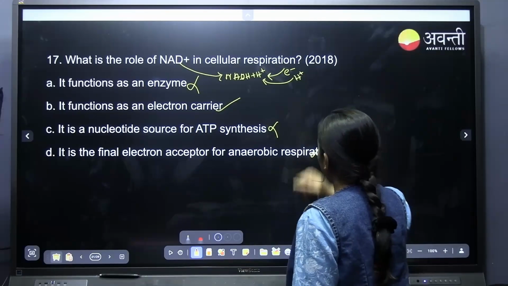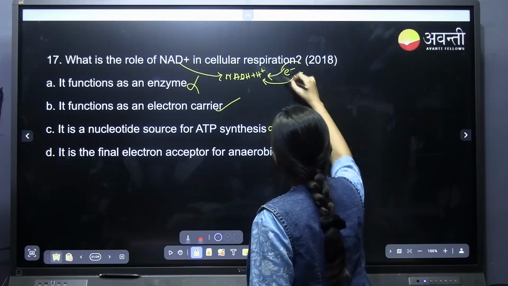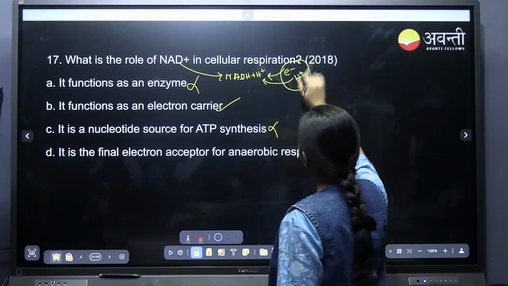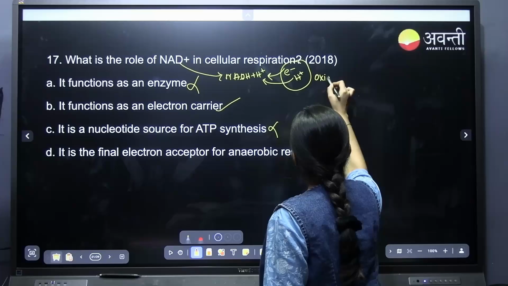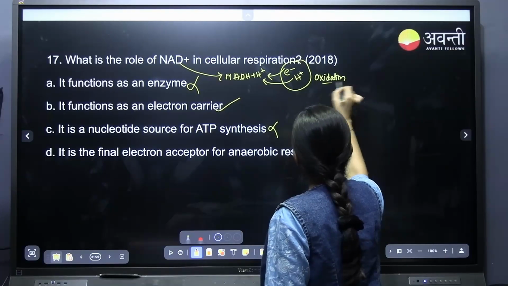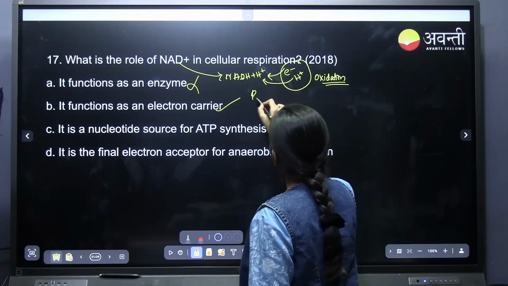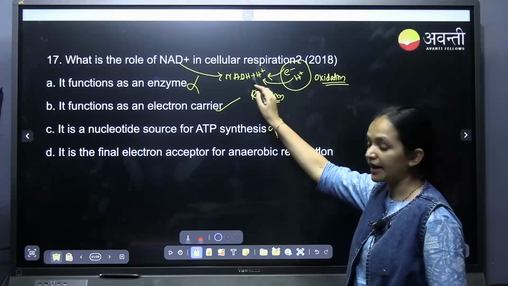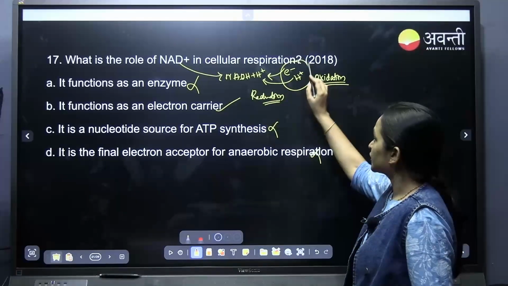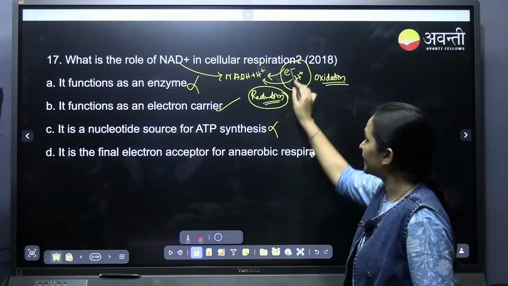When they remove the H plus from the system, oxidation happens in the system, and they themselves undergo reduction. They receive electrons and undergo reduction.